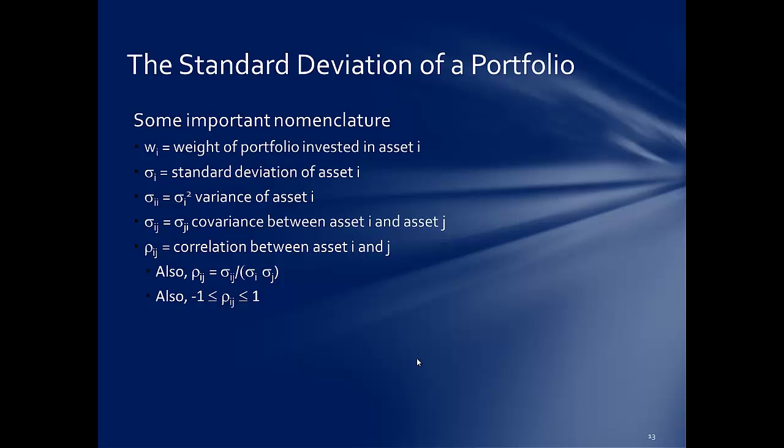And rho ij will be the correlation between asset I and asset j. Also, remember that the correlation ij, so rho ij, is simply the covariance over the product of the standard deviations. And lastly, rho ij is bounded by -1 and 1.